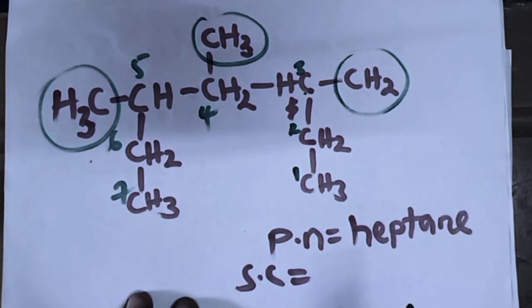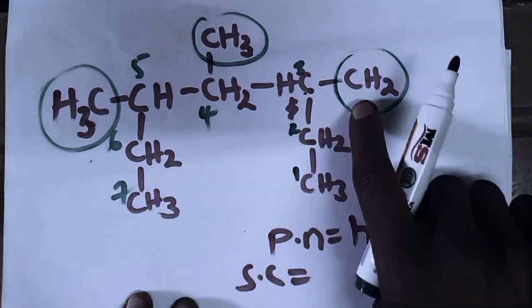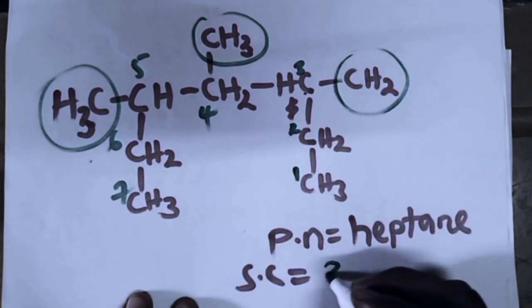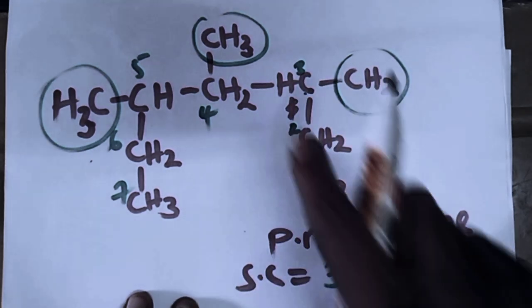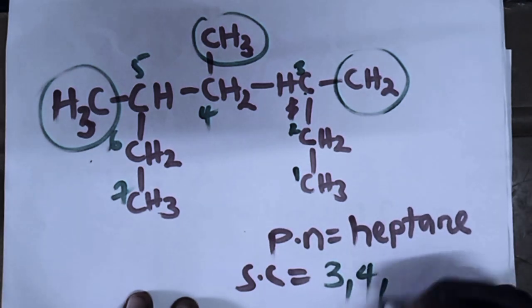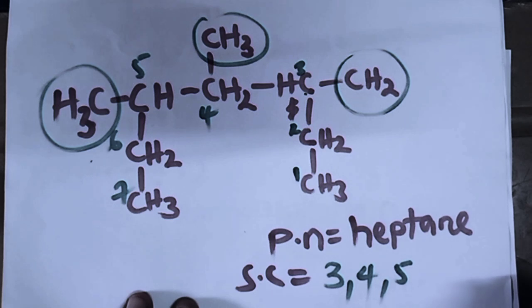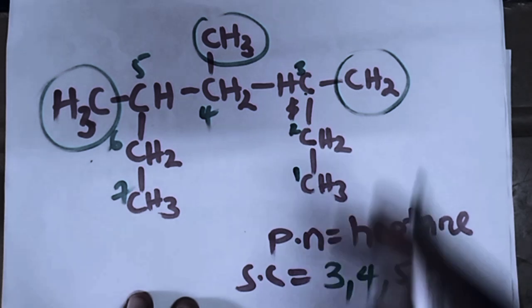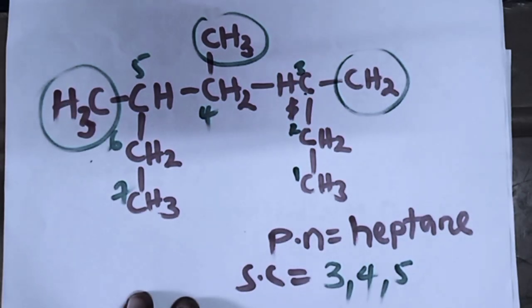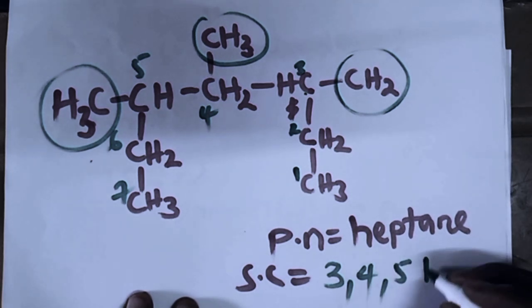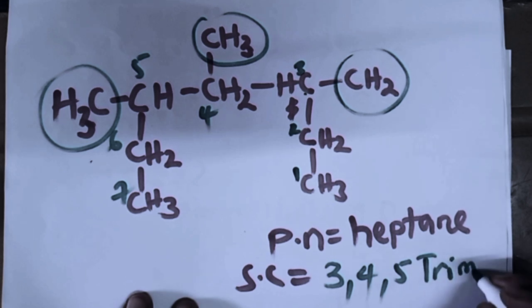Instead, the first methyl is on 3. We're going to put 3, comma. The second methyl is on what? 4. The other one is on what? The 5th carbon. Now that there are 3, are we going to call them methyl? No, they will be trimethyl. So we're going to write trimethyl.